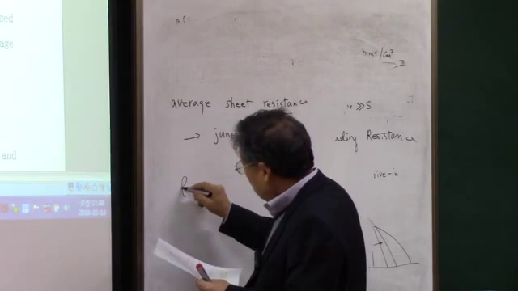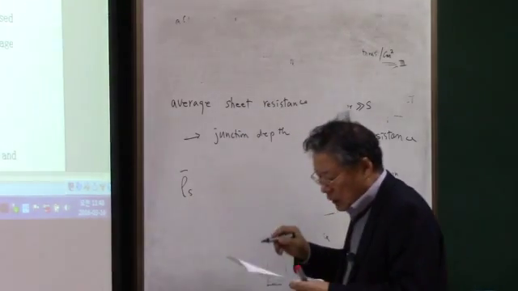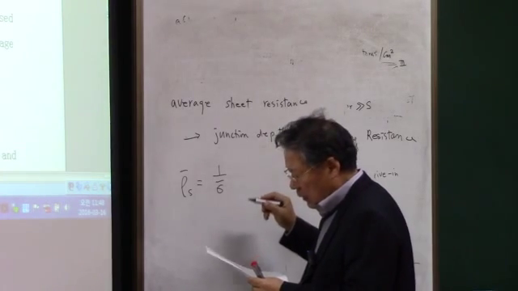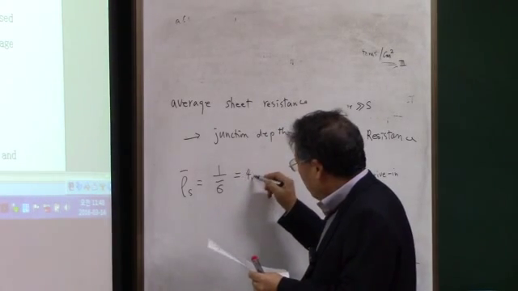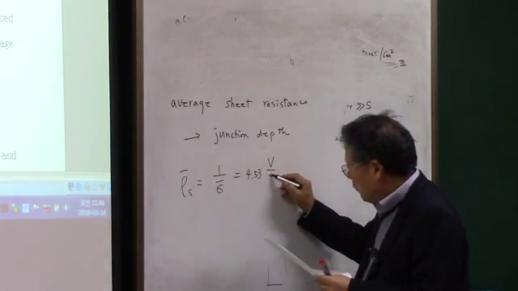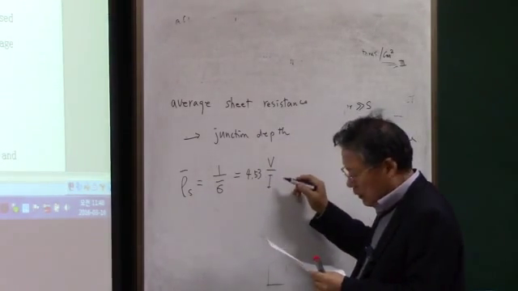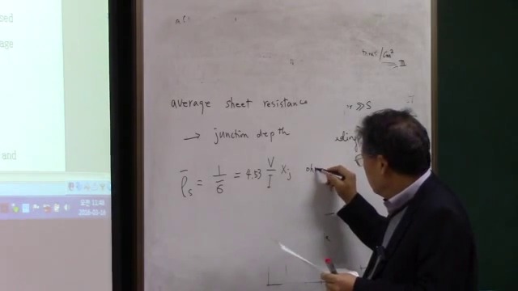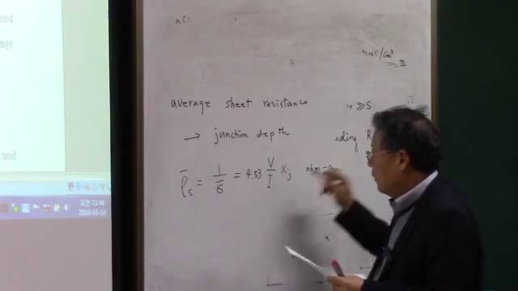Average sheet resistance is going to be 1 over average conductivity, and that is 4.53 V over I, the voltage that we apply and the current, times Xj, ohm centimeter.